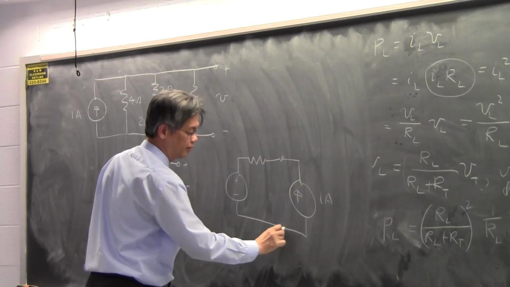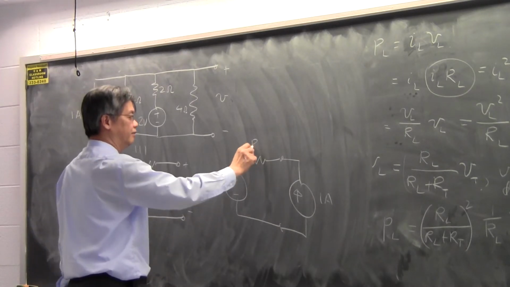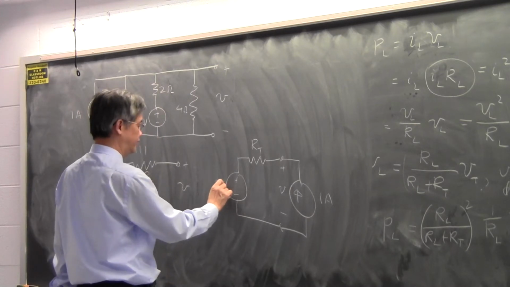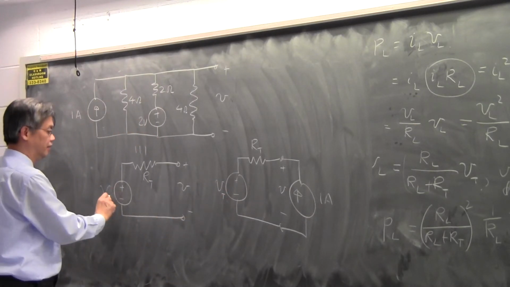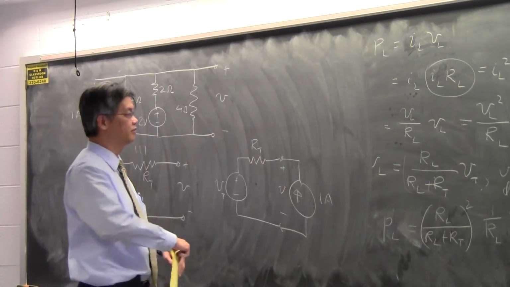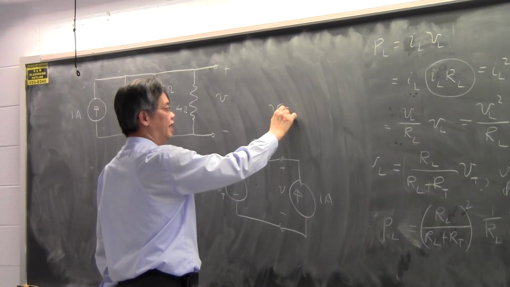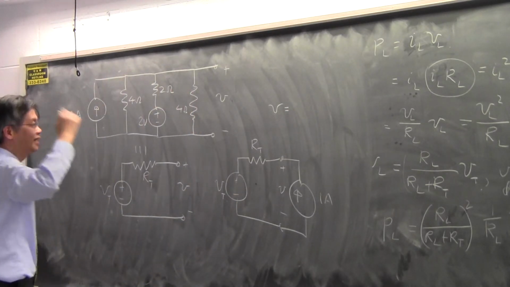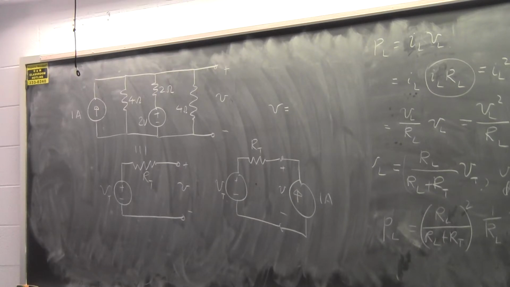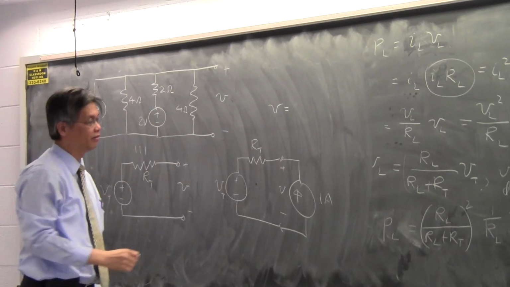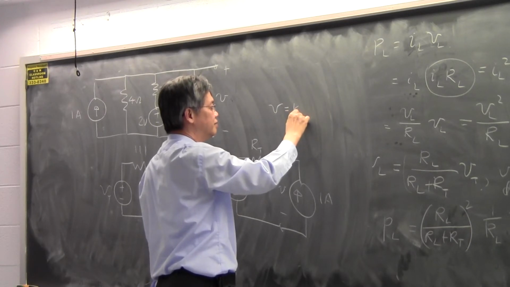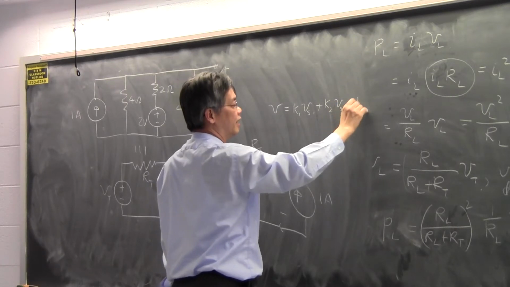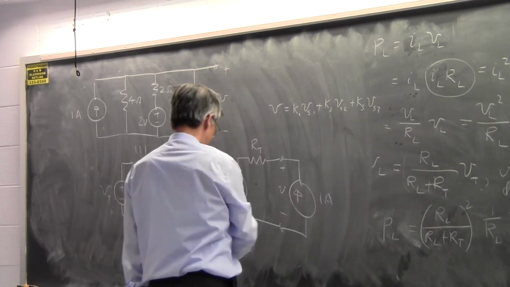You hook a current source to this, and then you write down the mathematical expression for this V. This is V Thevenin. You find that the V has to be some complicated function because it depends on what kind of circuits you have that is hidden in this resistive network. That V must be K1 Vs1 plus K2 Vs2 plus K3 Vs3 plus many more terms.